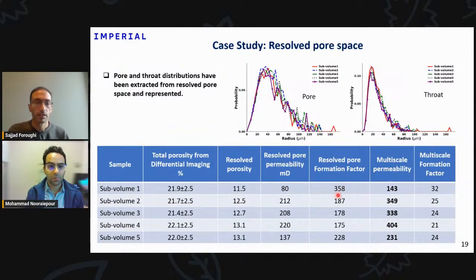We can see that the resolved porosity is about half of the pore space, which is not like Estaillades; we can resolve more pore space, but the permeability is still lower than what we get from the multi-scale model, and also lower than the experimental result. It is the same for the formation factor. Without considering the microscale, the formation factor is much larger than when we consider multi-scale, which is more in line with what we see in the literature for the formation factor of this type of rock.